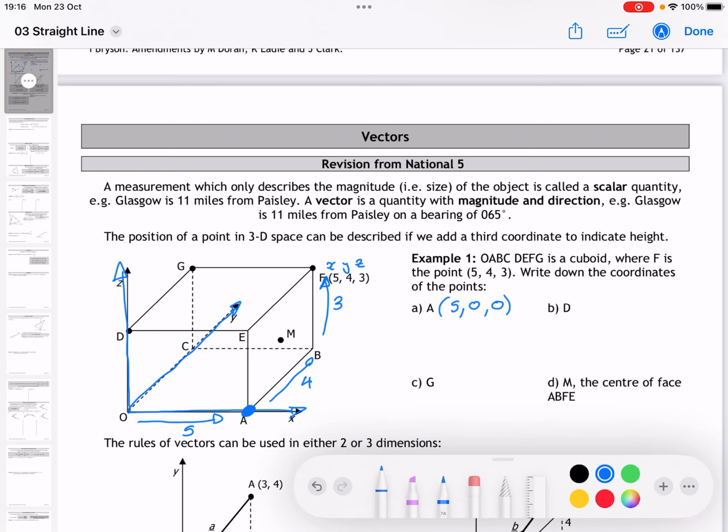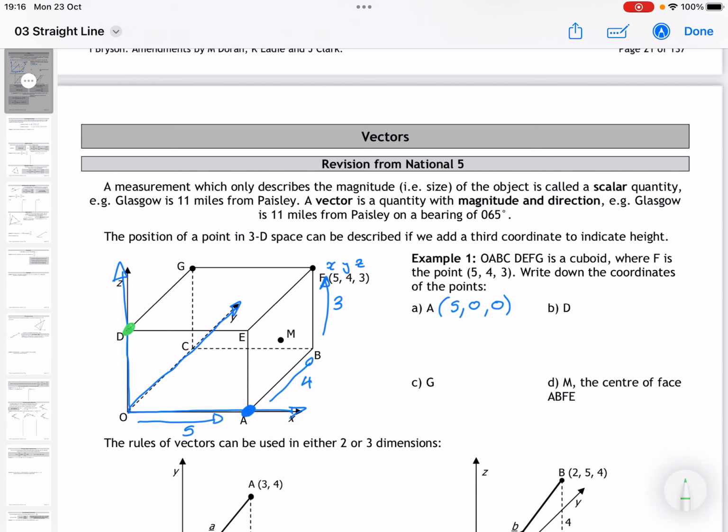D, let's change the colour of the pen, is up here on the z-axis. Okay? So you're always going from the origin, which is O. We're not going along the x-axis any, so that's a 0. We're not going back any on the y-axis, but we are going up on the z-axis. Because it's a cuboid, we're going up the same amount, which is 3. So D is 0, 0, 3.